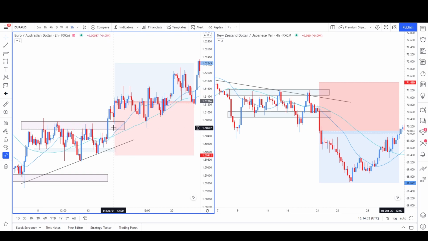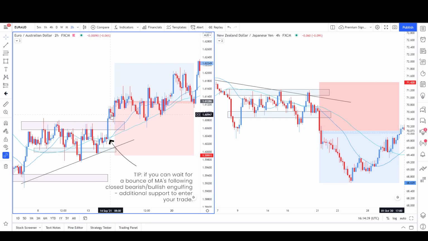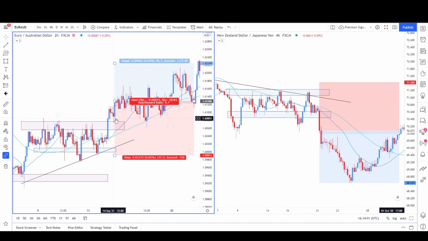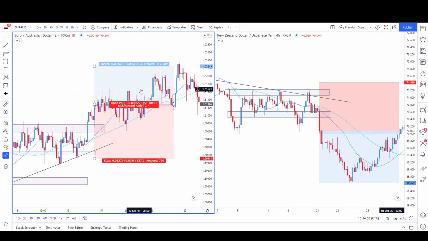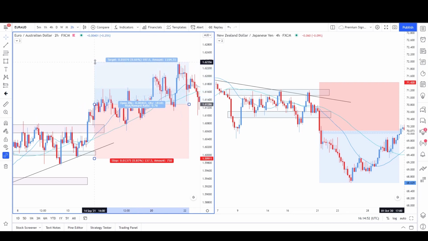We can definitely see that this bullish engulfing candle bounced off it and broke the resistance zone. What happens next is we have a retest again on our previous area of resistance, closed a bullish engulfing candle, and the trade actually went nicely, reaching more than 100 pips in profit.